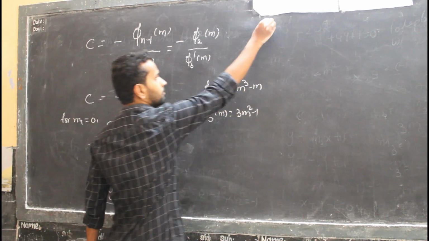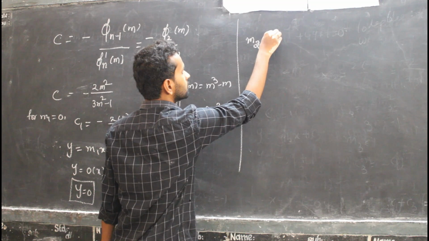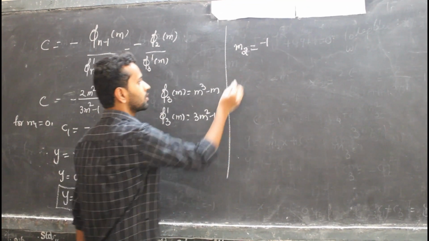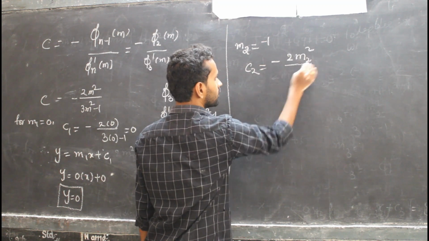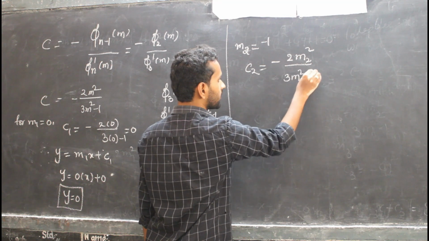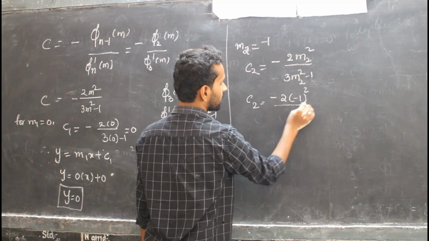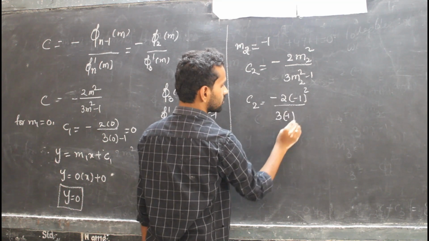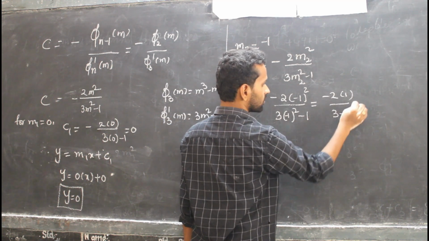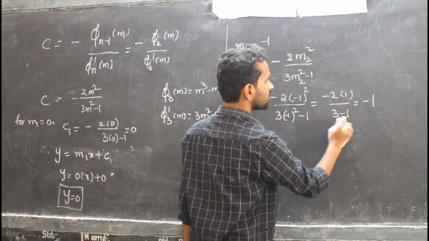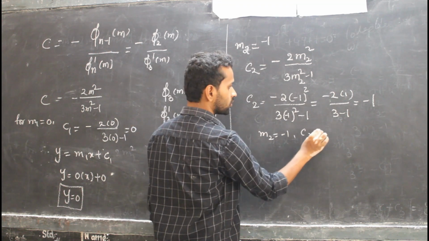Now for m2 equal to minus 1, c2 equal to minus 2 m2 square divided by 3 m2 square minus 1. So c2 equal to minus 2 into minus 1 whole square divided by 3 into minus 1 whole square minus 1. This becomes minus 2 into 1 divided by 3 minus 1. Minus 2 divided by 2 will be minus 1. So m2 equal to minus 1, c2 equal to minus 1.